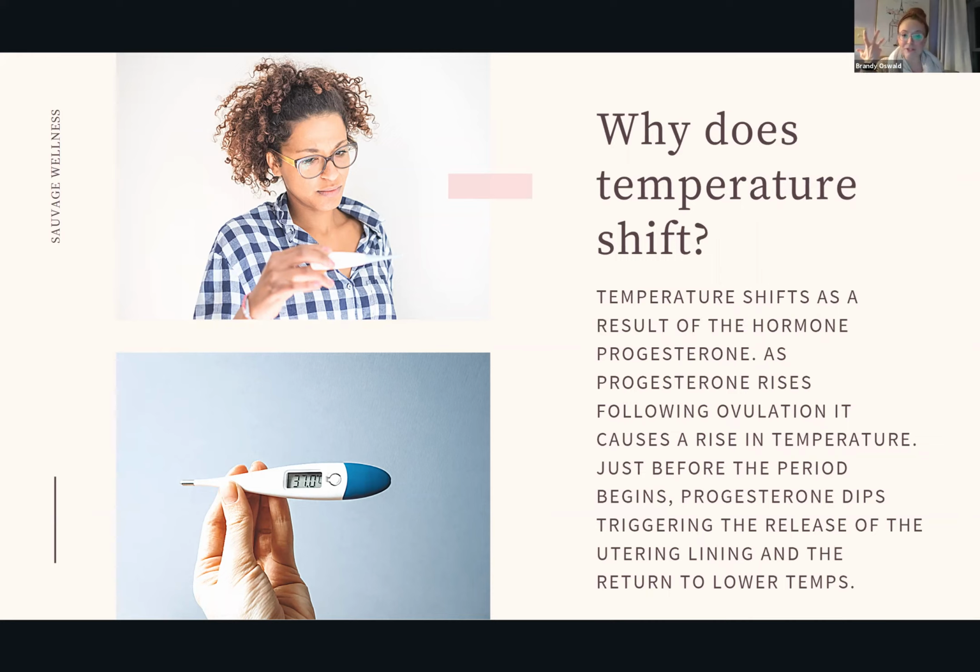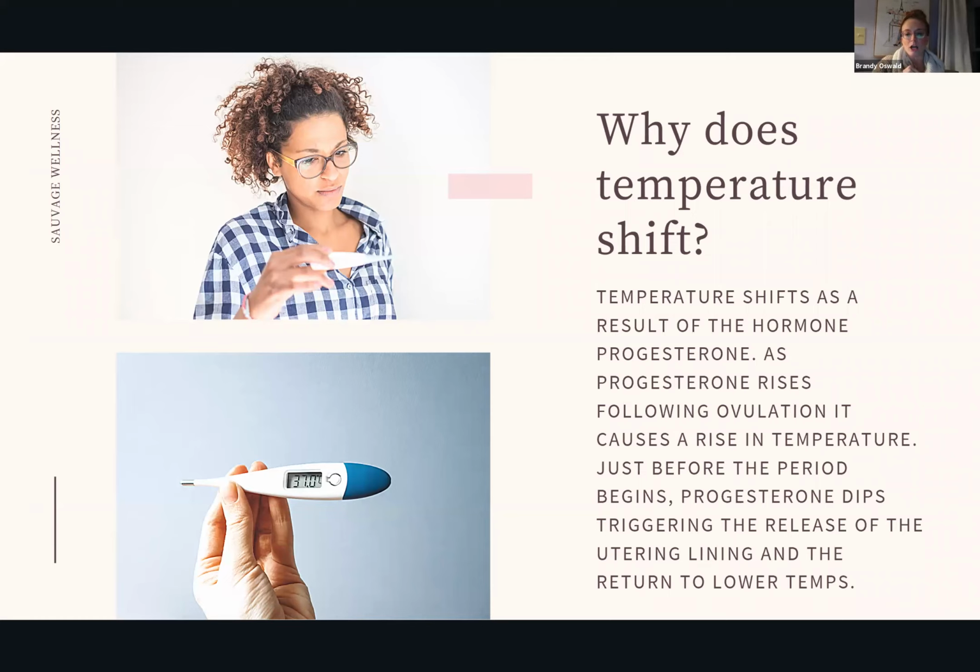So why does temperature shift? Temperature shifts as a result of the hormone progesterone. That's why temperature is useless in the beginning of our cycle, because we don't have any progesterone until we ovulate. So as progesterone rises following ovulation, it will cause a rise in your temperature.